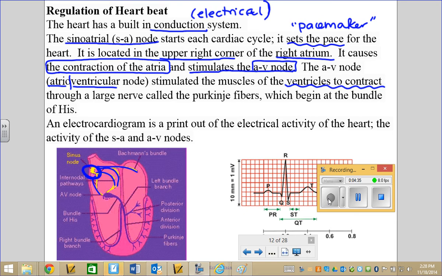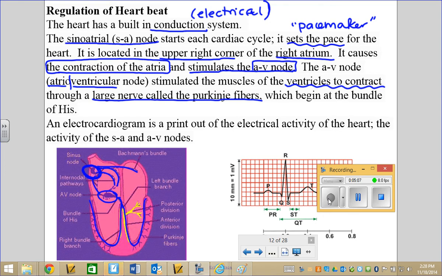So when we look at the AV node, it's right at the cusp between the atria and the ventricles. So on a picture of a heart, it kind of looks like it's in the middle. And you'll see that there's this really, really long nerve fiber. The nerve fiber is called Purkinje fiber, and it descends sort of from the middle down and around each of the ventricles.